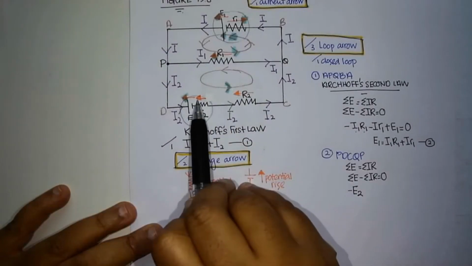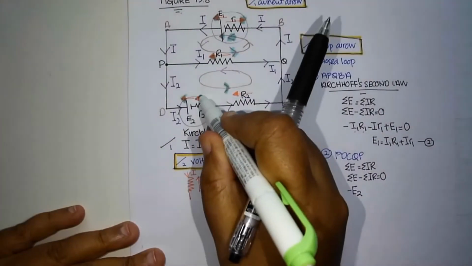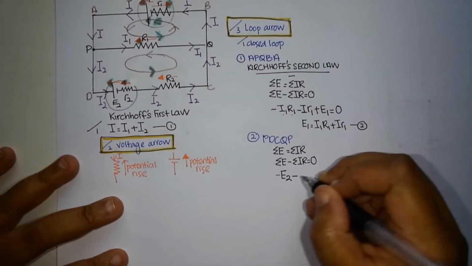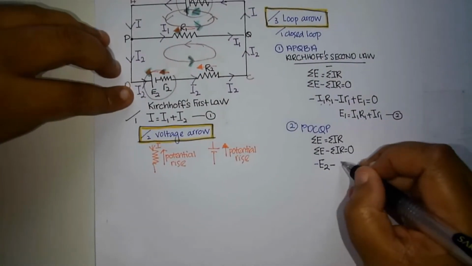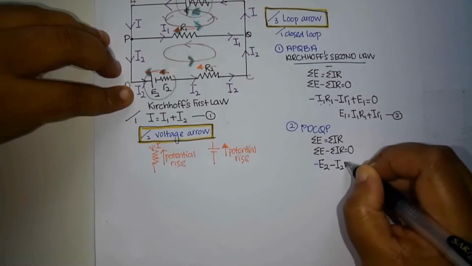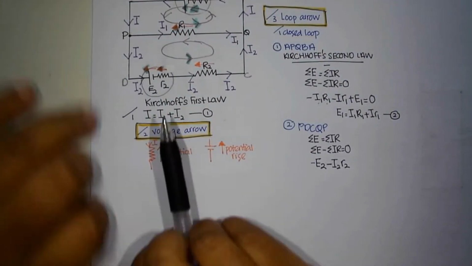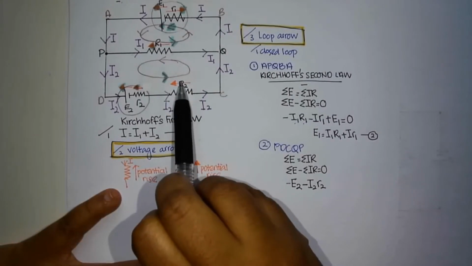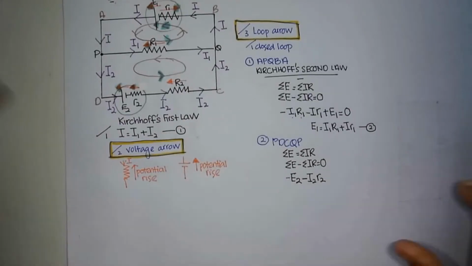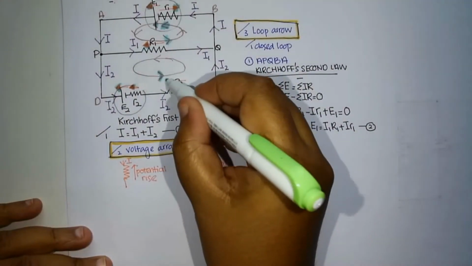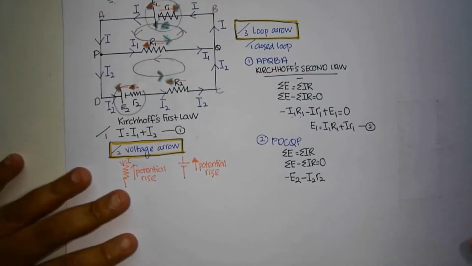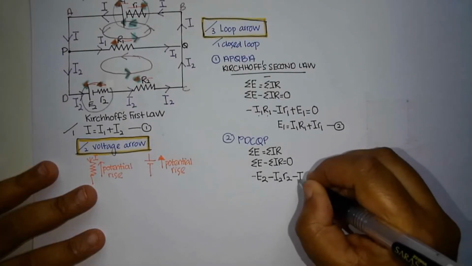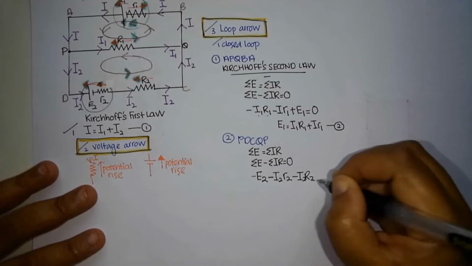The loop arrow is opposite to the voltage arrow, so I minus the voltage here, which is I2 times R2. Then I follow, and I notice the voltage arrow and loop arrow are opposite, so I will have minus I2 R2.